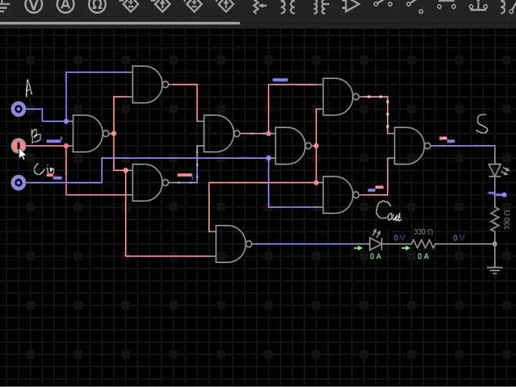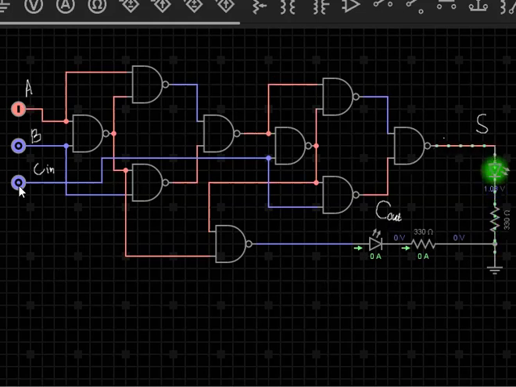In that case also S is high, carry is low. And the next case is 0 1 1. The carry is high, C out is high, and S is 0. Okay. The next case is 1 0 0. Sum is high and carry is 0.